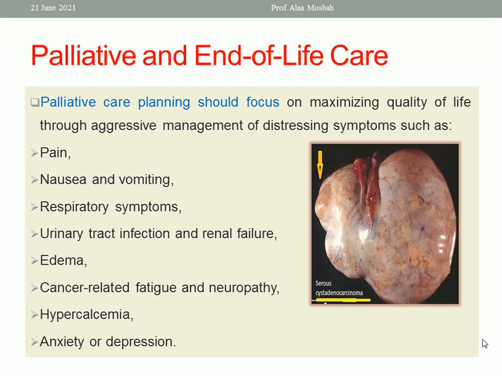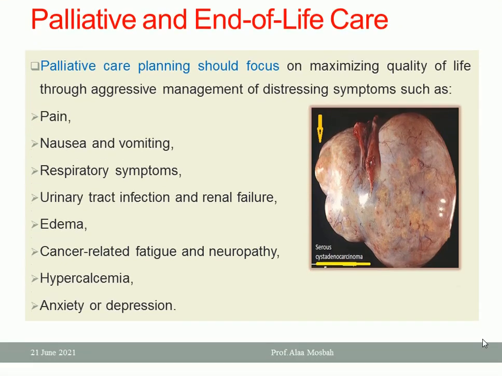What about the palliative and the end-of-life care? We should focus on maximizing quality of life through aggressive management of distressing symptoms like pain, respiratory symptoms, nausea, vomiting, urinary tract infection, renal failure, edema, cancer-related fatigue, neuropathy, hypercalcemia, anxiety, or depression.